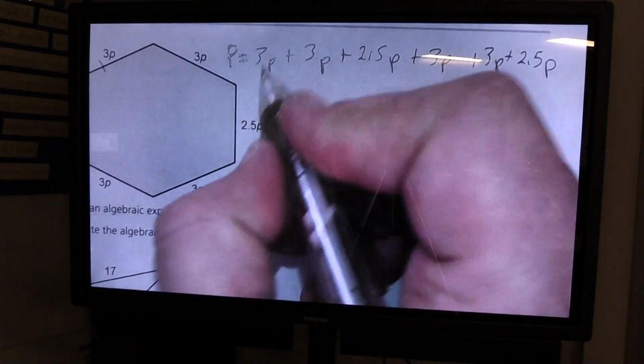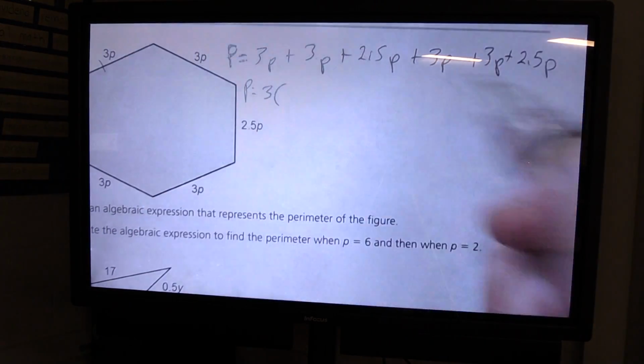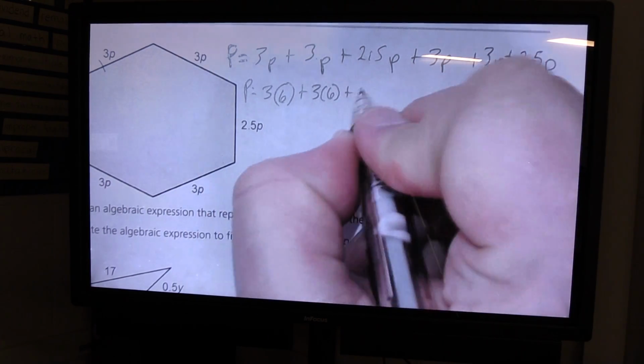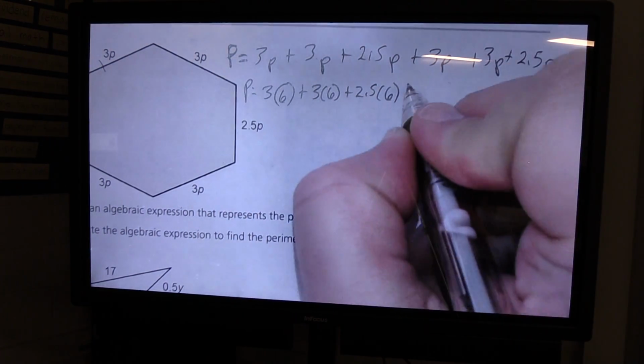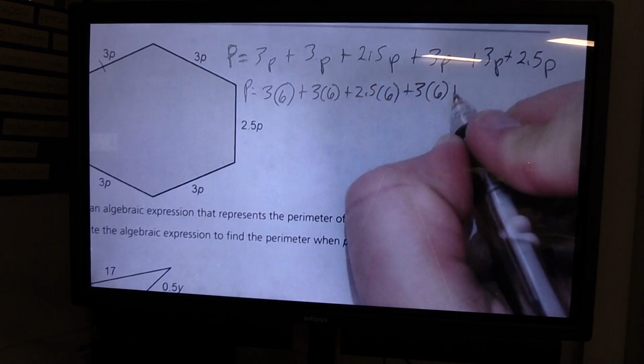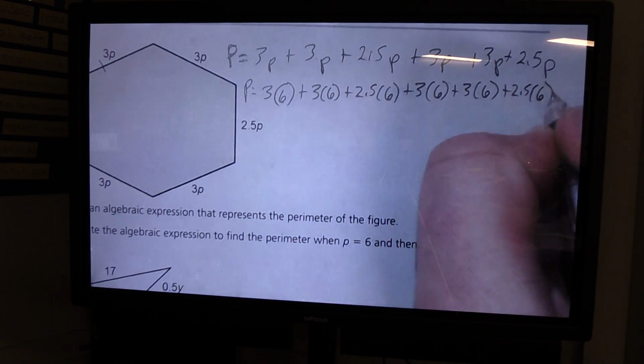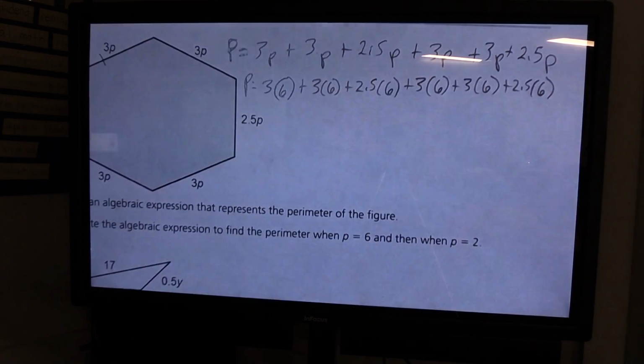So I could say perimeter equals 3, and I'm going to put the 6 in parentheses. Okay. So now, using the order of operations, I'm going to have to go through and multiply all those coefficients, I guess you could call them. I'm going to have to multiply those by the value of p, which will be 6, and then I'll add all of those factors together.